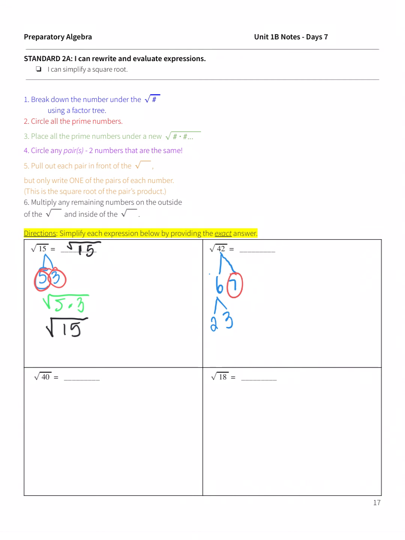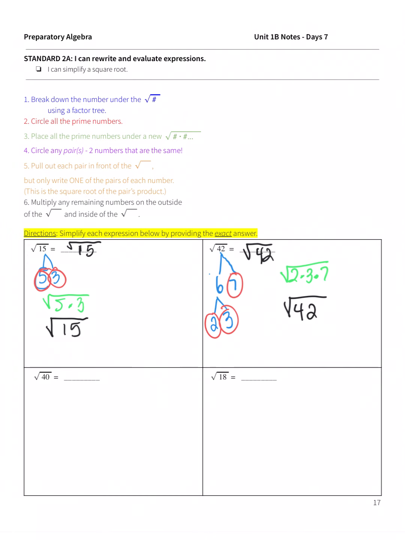I will circle my prime numbers. Next, I put them under a new square root sign. 2 times 3 times 7. I look here and I can see again there are no pairs, so 42 cannot be simplified. It's simply the square root of 42.